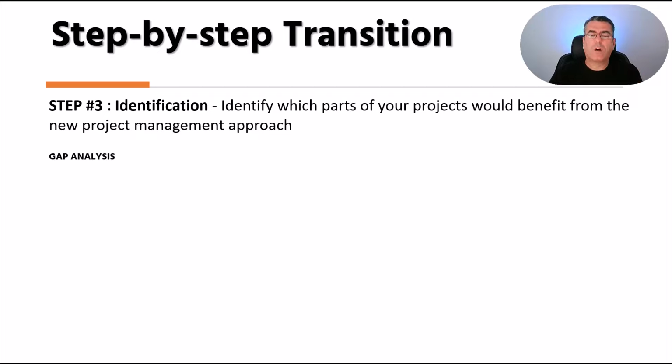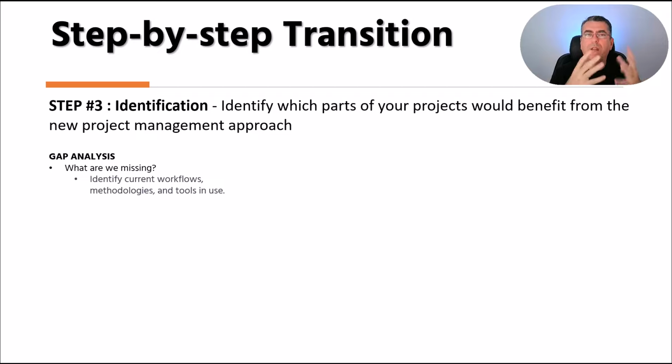When we talk about the identification, we need to see some gap analysis. So what are we missing? We need to identify the current workflows, methodologies, and tools that we are using. And we need to identify if we need to find something or to create something or to adopt something that will help us in the hybrid management.